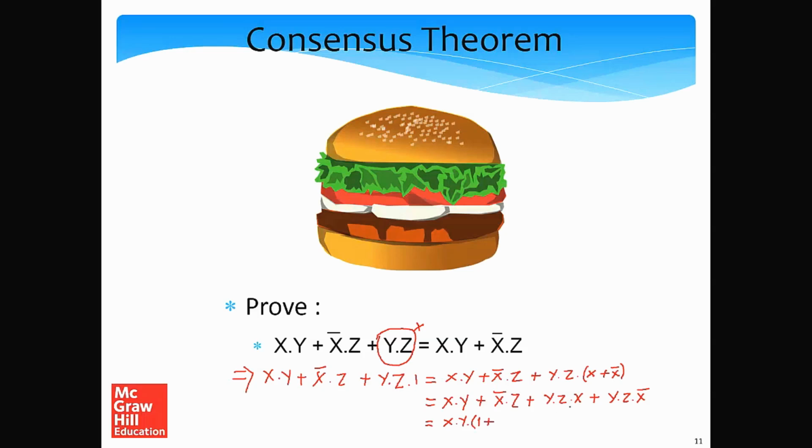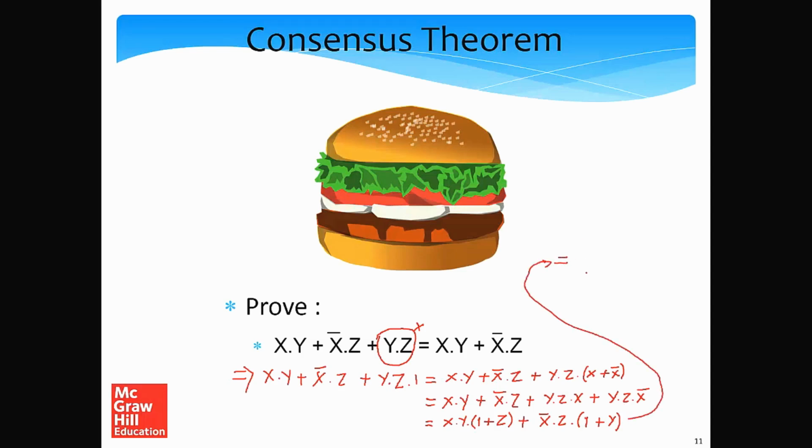now let me consider the third term over here. So I'm using the commutative rule to infer that z and x bar is the same as x bar and z. So now we can go up.